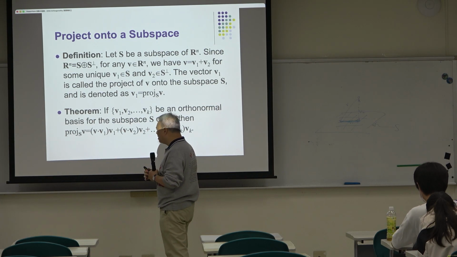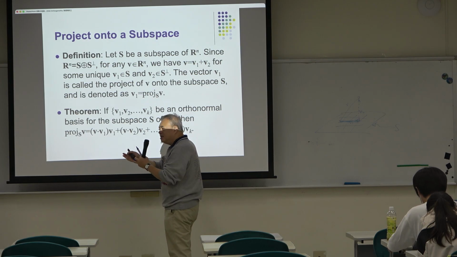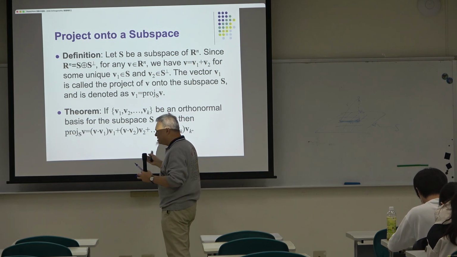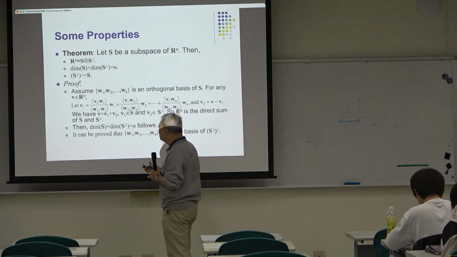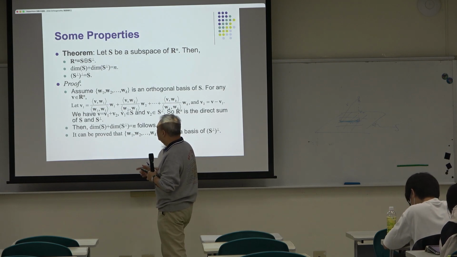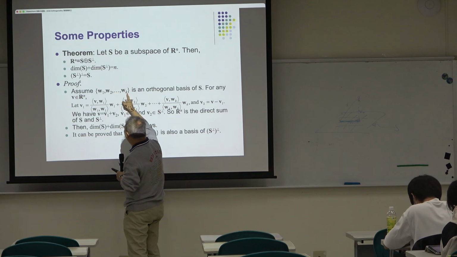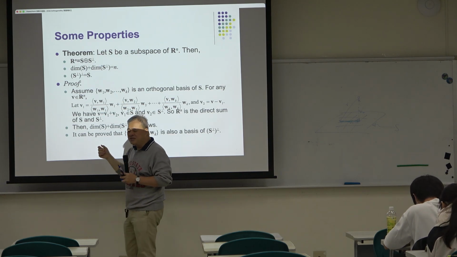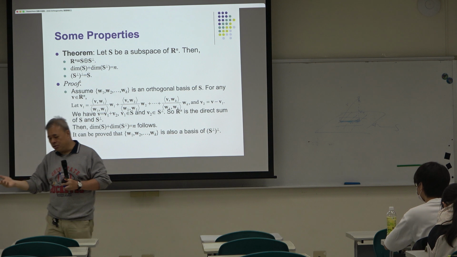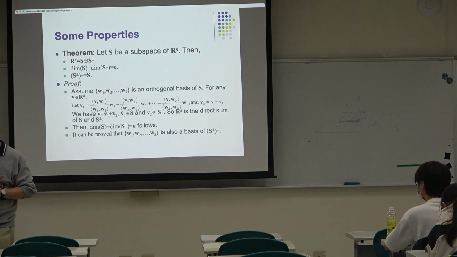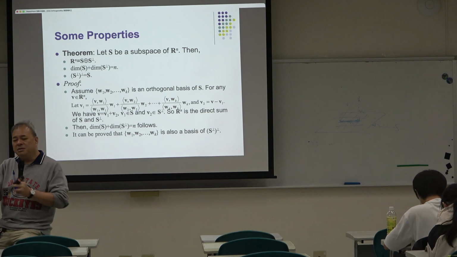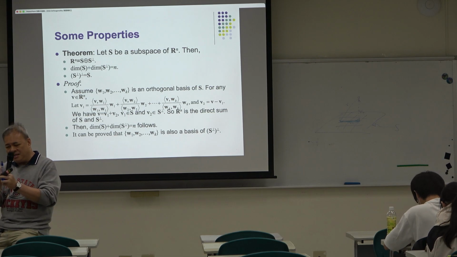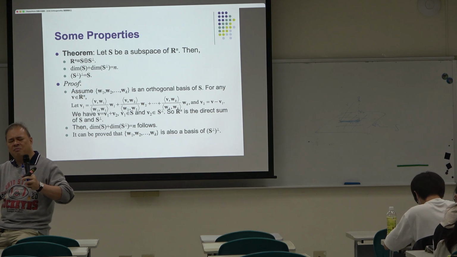So how come we have such a tidy and clean format? It's because if your W1, W2, all these WK are orthogonal, you can make an orthonormal basis from an orthogonal basis.